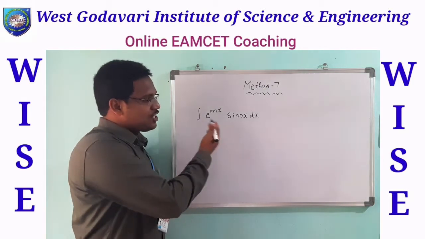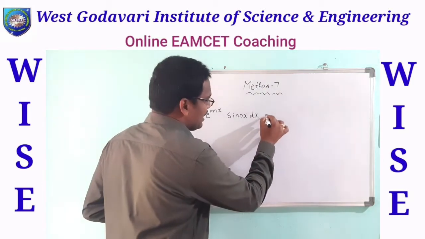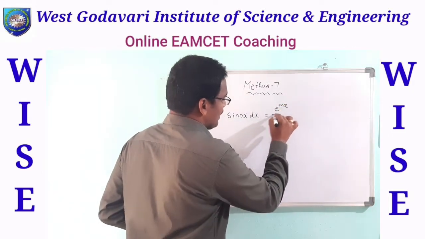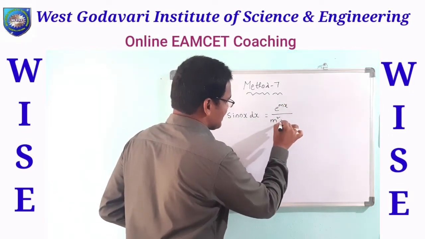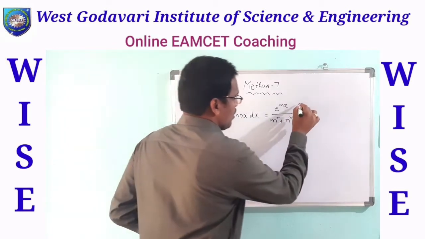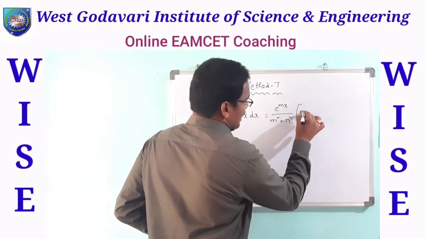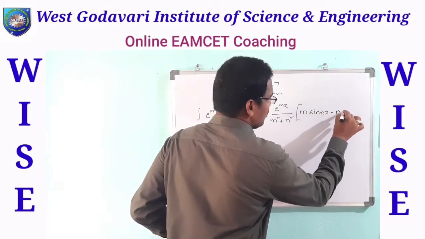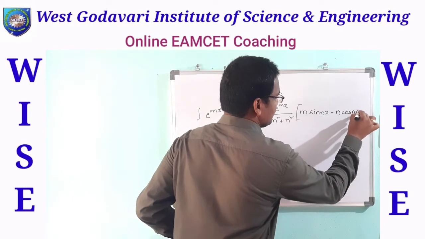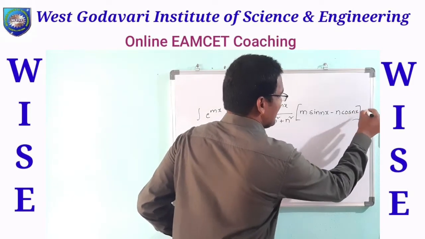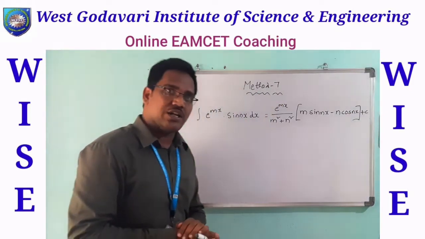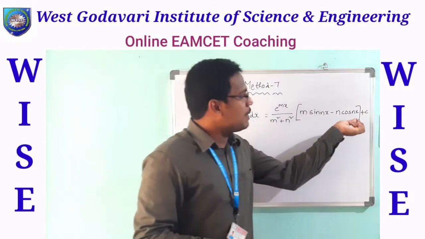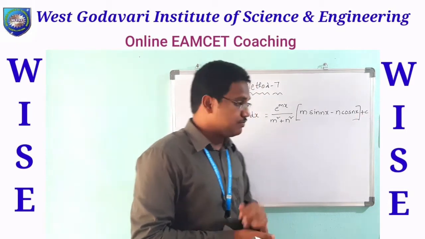So whenever the integration is in this form, the result of the integration is simply e power mx by m square plus n square, of m sin nx minus n cos nx, plus c. Here c represents the constant. So for each and every integration result, we have to include plus c as the final result.